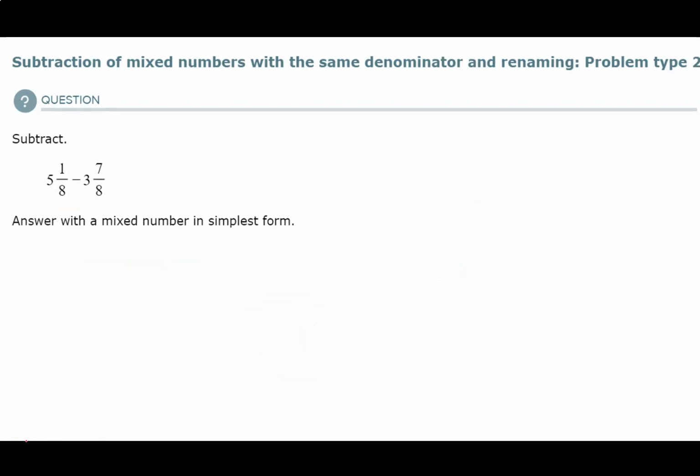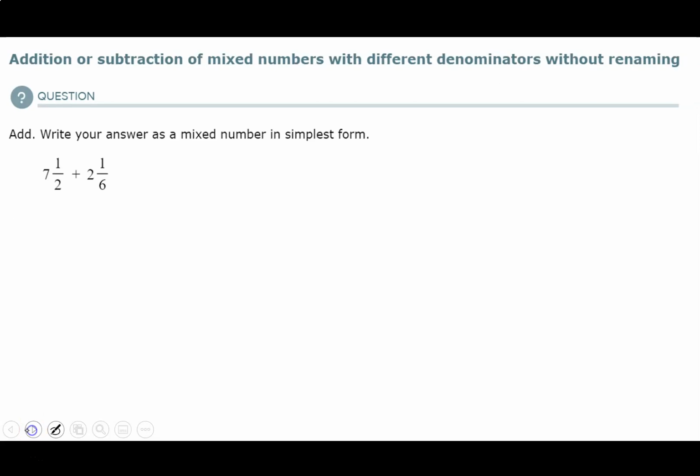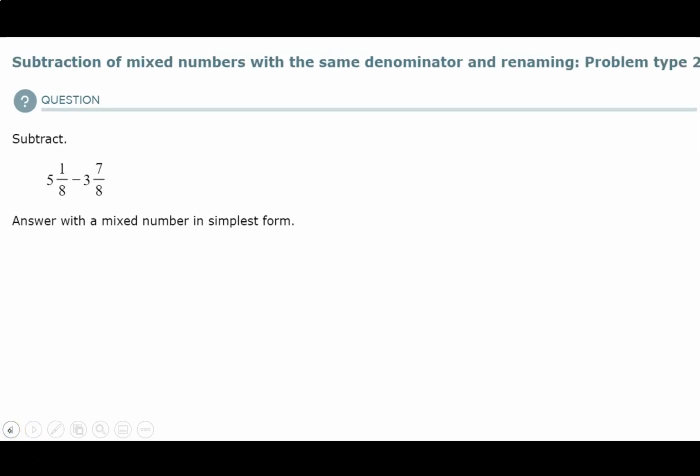All right. Let's see, I think this is the last one of the type I want to do, and then I'll work with different denominators later. All right, so 8 times 5 is 40. 40 plus 1 more makes 41/8. Here I have 8 times 3 is 24. 24 plus 7 is 31.